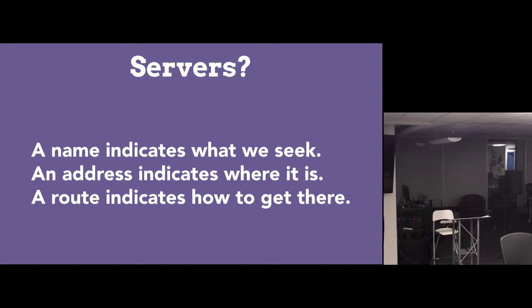That is not actually the address to that site. It is just a way that we can do a lookup for that address, right? So the name indicates what we seek. We make a lookup to a type of server called the domain name server. Is anybody not familiar with DNS, or a domain name server? It has a record of domains, and we say we want lighthouselabs.ca. Okay, that's it. And then it gives us the IP address back.